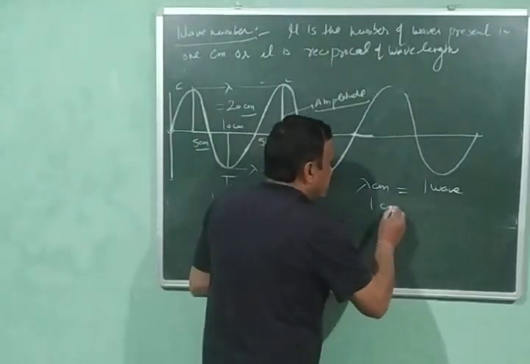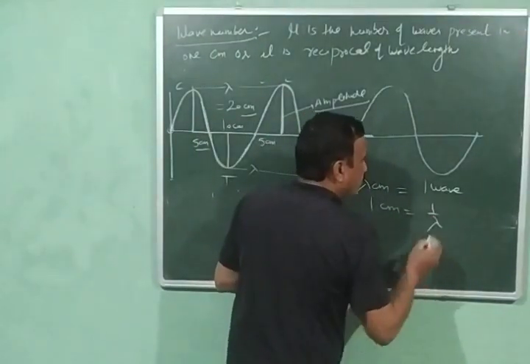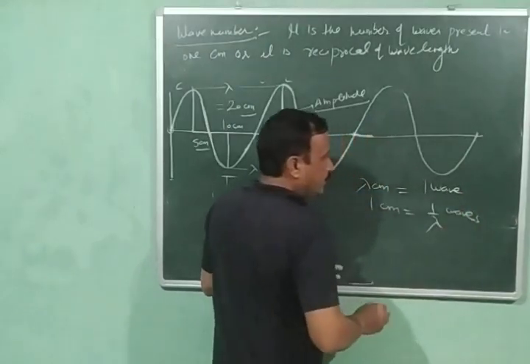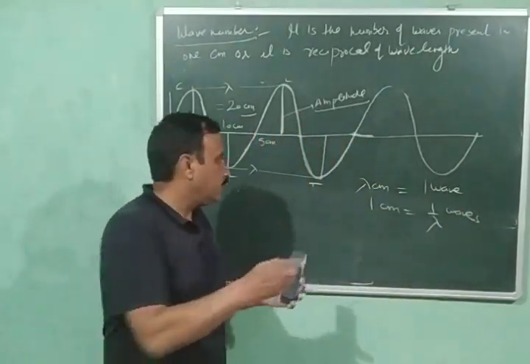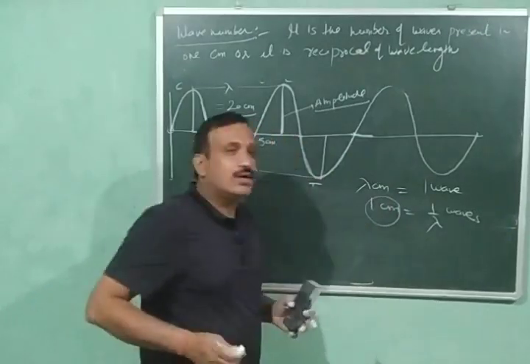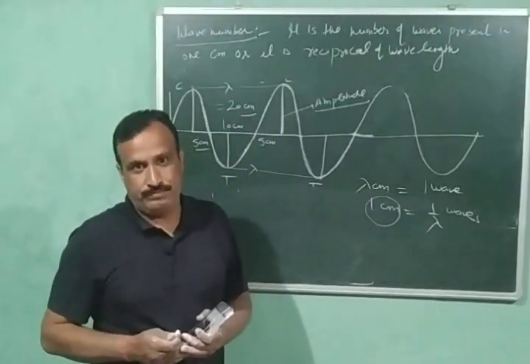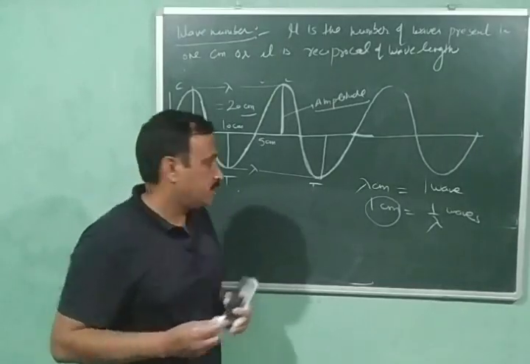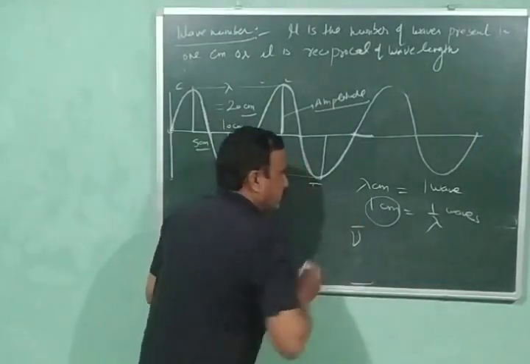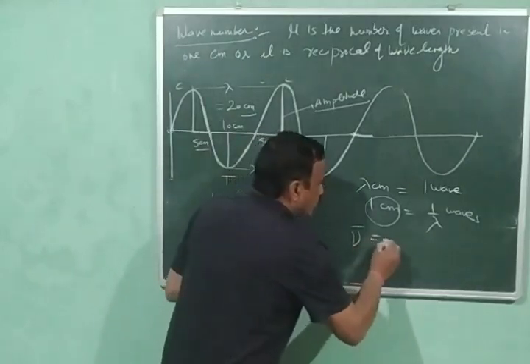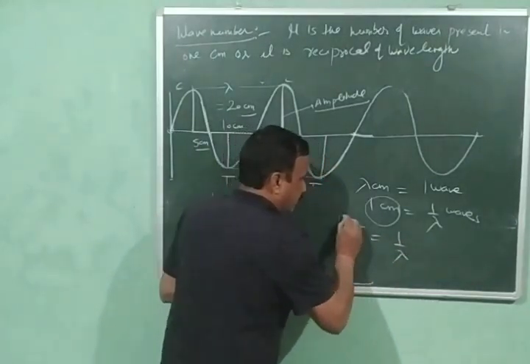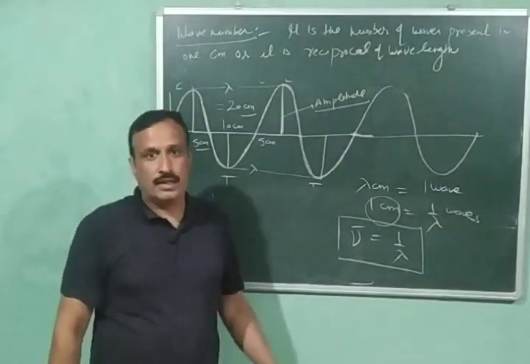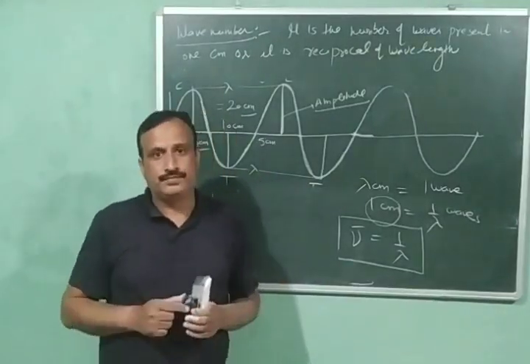In 1 centimeter we have 1 upon lambda waves. And the number of waves in 1 centimeter is called what? Wave number. Wave number is represented by the symbol nu bar, and this is equal to 1 upon lambda. Understood? So that's why wave number is the reciprocal of wavelength.